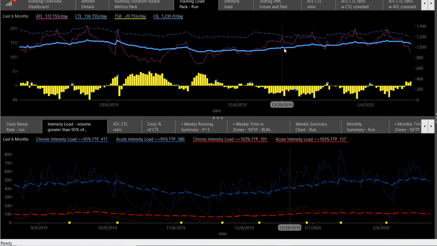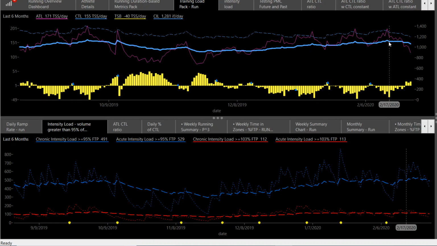The chronic training load, what we want to build when we're doing a build, is composed of these units of TSS or RSS. And it is true that TSS and RSS both reflect a metric that combines both volume, or duration more specifically, and relative intensity, whether it's percent FTP or percent CP.